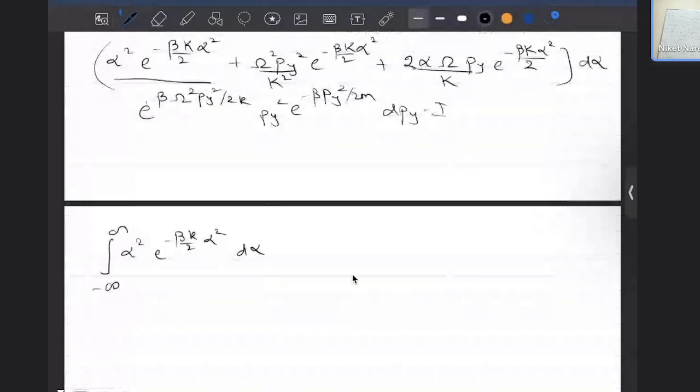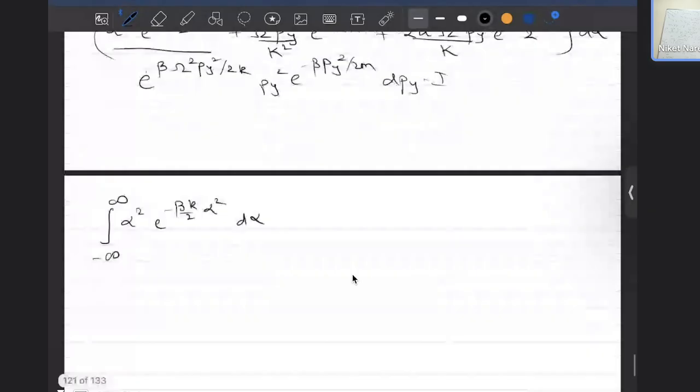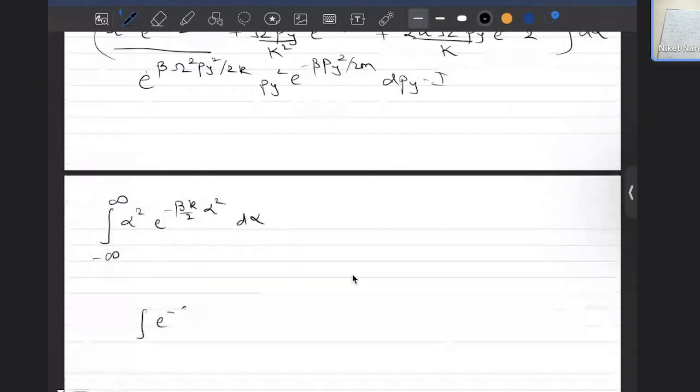So this is like the derivative of the Gaussian function that you must remember. We basically have the integral of e raised to power minus some constant c alpha square d alpha, which is equal to root of pi by c.